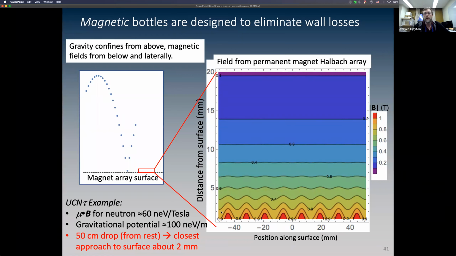You could, for example, look at this 0.8 Tesla line. This doesn't get closer than 2 millimeters to the material surface. And so we can drop a neutron from say 50 centimeters. It'll come down, come within as close as 2 millimeters to the surface, and then bounce off without touching any material. And so there's no possibility for loss from material interactions that way.